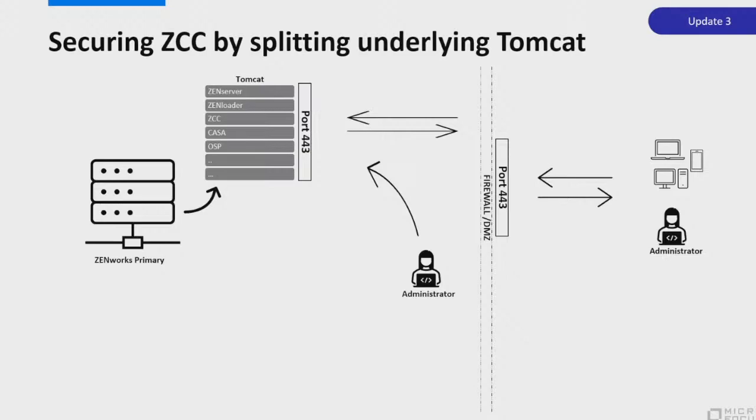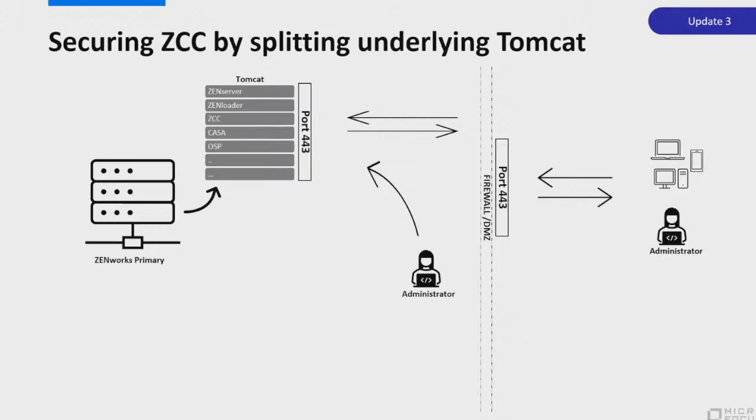What we've had in the past is all ZENworks services running under one Tomcat instance. So the Zen server, the Zen loader, ZCC, Casa, OSP, and all the client services were all running under one Tomcat instance through port 443, right?